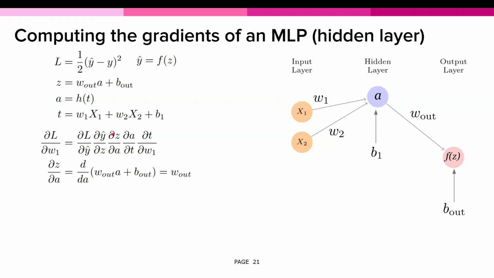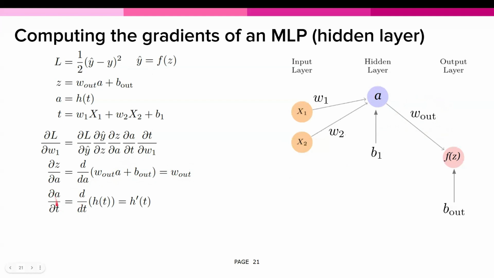But the partial derivative of z with respect to a, that's going to be d by dA of w out a plus b out. From the perspective of a, the bias is a constant, and so it's only going to care about the final output weight. Then the partial derivative of A with respect to t, this fourth term of the chain rule, is d by dt of h of t.